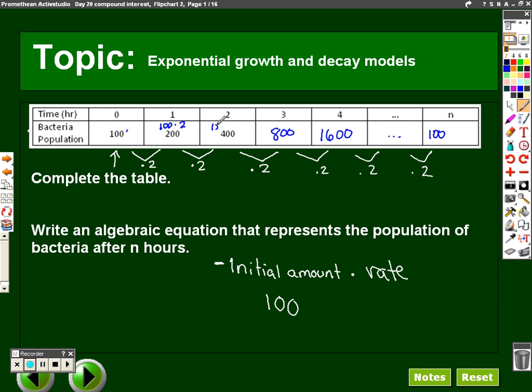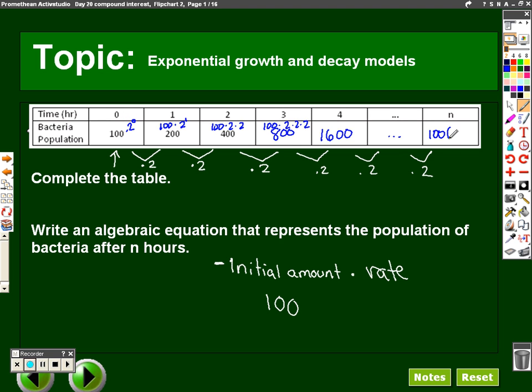And this was 100 times 2 times 2 again. And this was 100 times 2 times 2 times 2. So if you notice, each time our power of 2 is increasing, and it's actually to the same power that our time is. So this is 2 to the 1, this is 2 squared, this is 2 cubed, and this would actually be 2 to the 0, right? Because anything to the 0 power is 1.